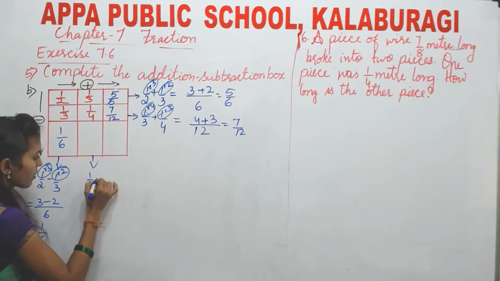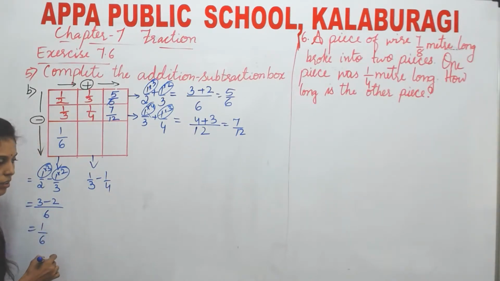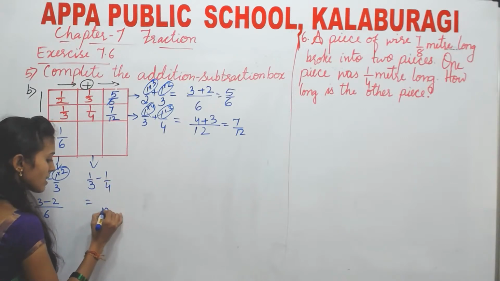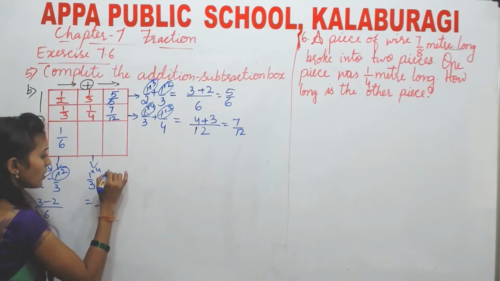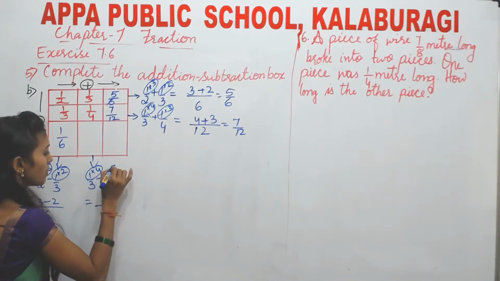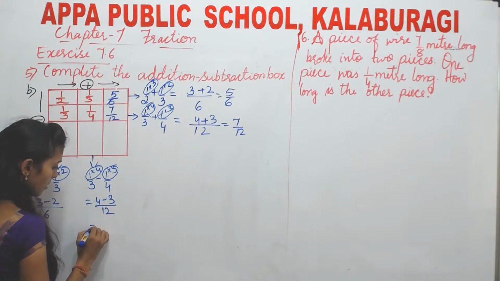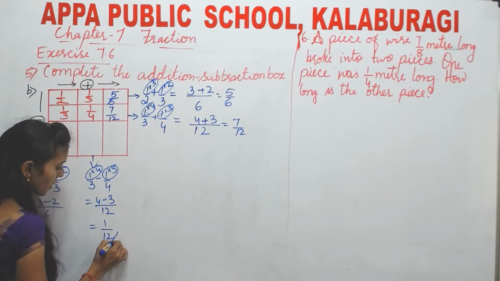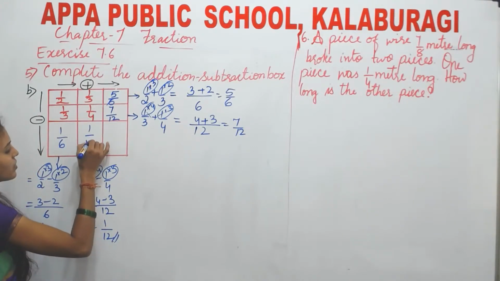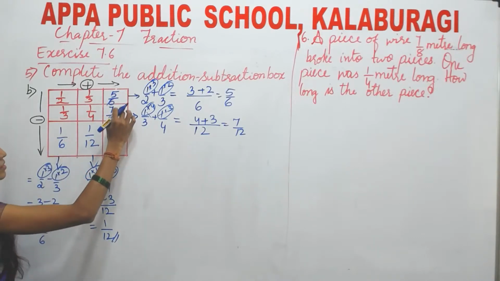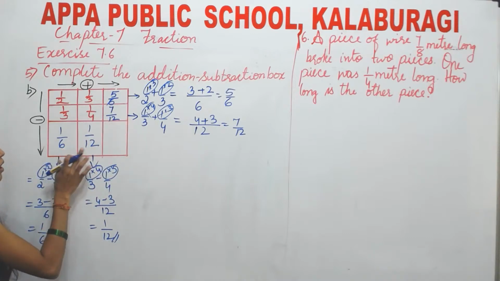Subtract these two. 1 by 3 minus 1 by 4. So, subtract. 12 is the LCM. 3 4s are 12. 4 3s are 12. Multiply. 4 minus 3. That is 1 by 12. That is the answer.